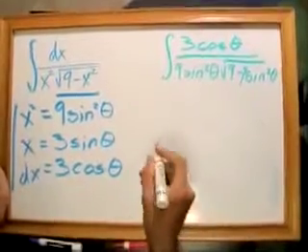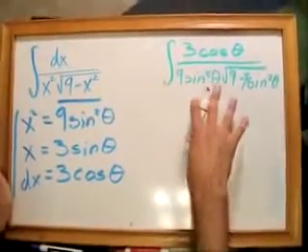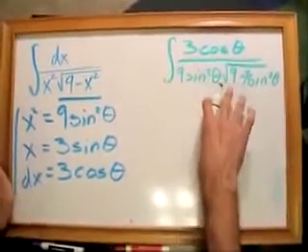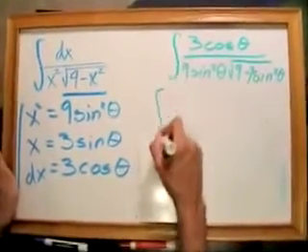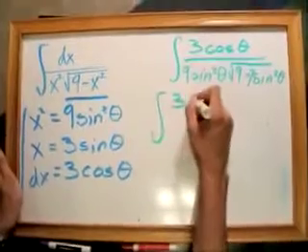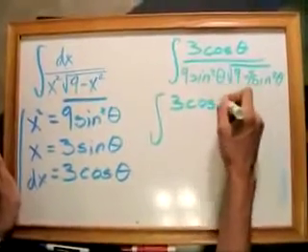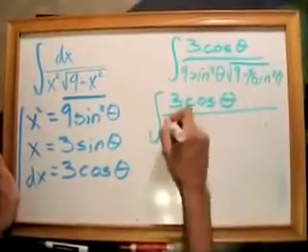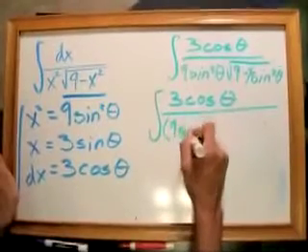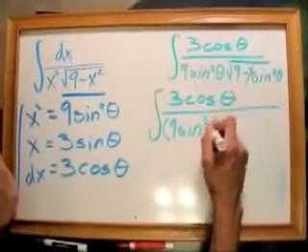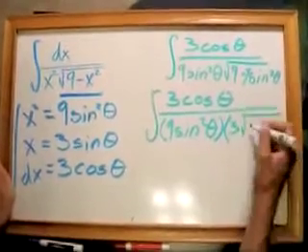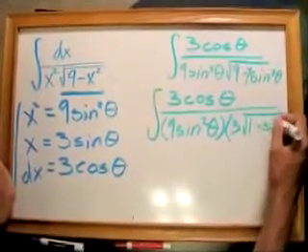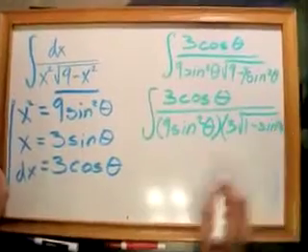That's a 9, don't worry. So remember, we have to factor out the 9s from the square root, so we end up with the integral of 3 cosine theta over 9 sine squared theta times 3 square root of 1 minus sine squared theta.